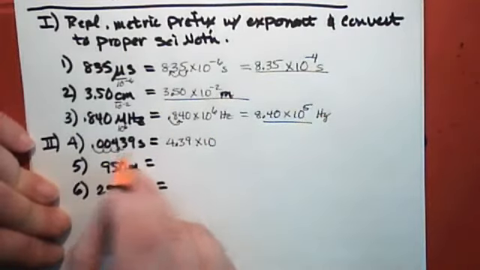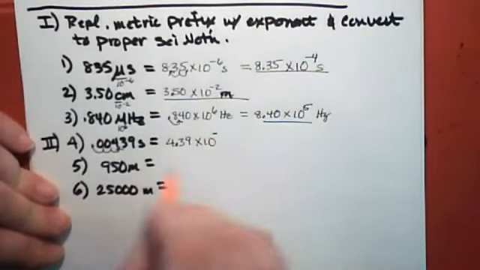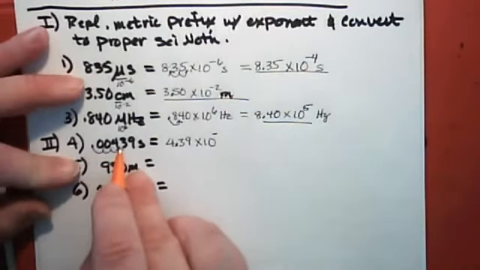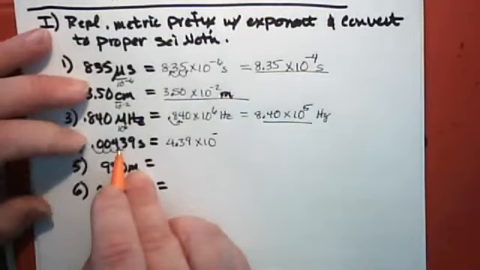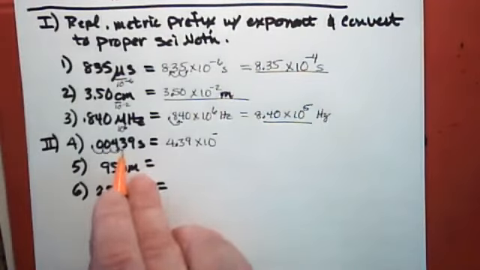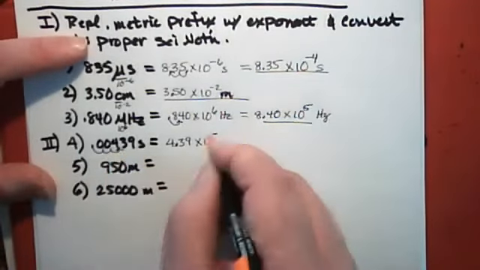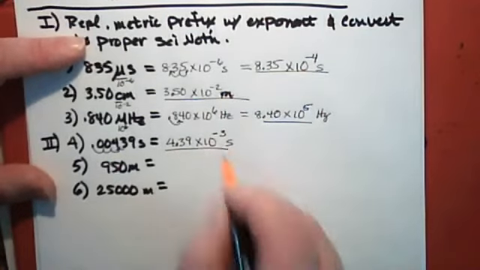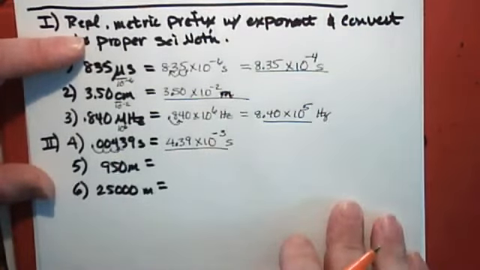This is a number that's less than 1, so it's going to be a negative exponent. You can also tell that the exponent's going to be negative because you made the number bigger when you moved the decimal point. So you have to use a negative exponent to compensate for making the number bigger. And we moved it 3 places, so the power is going to be -3. So there you go, 4.39 times 10 to the -3.